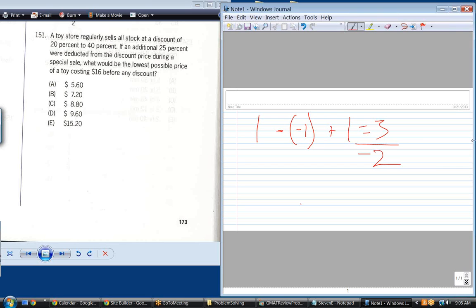So what would be the lowest possible price of a toy costing $16 before any discount? So I'll take 40% of that. 1.6 times 4. That gives you 9.6 after the 40% deduction.